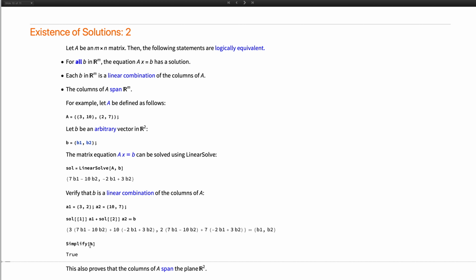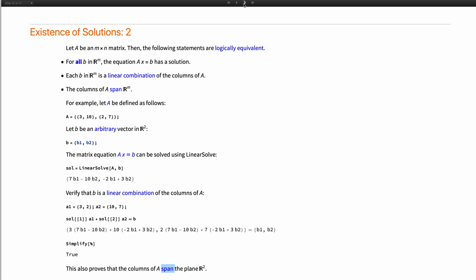But the main point is, in this case, we have had a solution found for all B, not just for a particular B. And of course, the statements over here simply mean that the columns of A span the plane R2 because every vector B can be written as a linear combination of the columns of A.